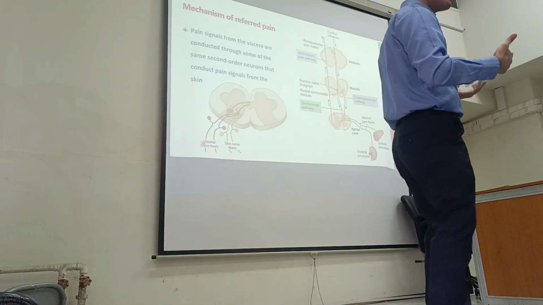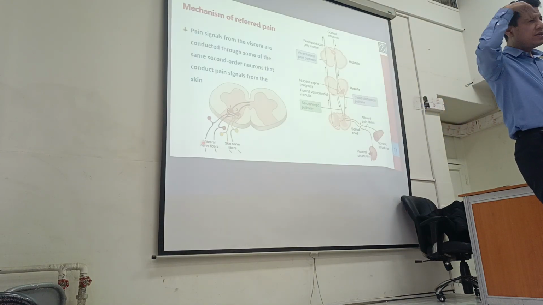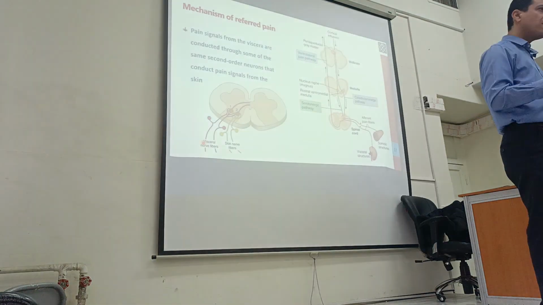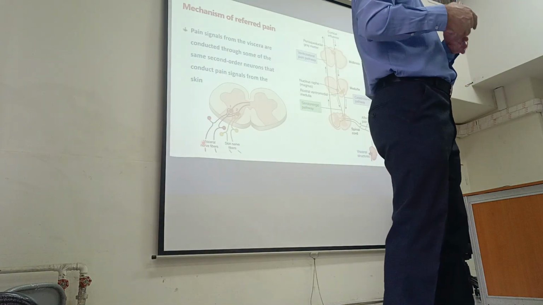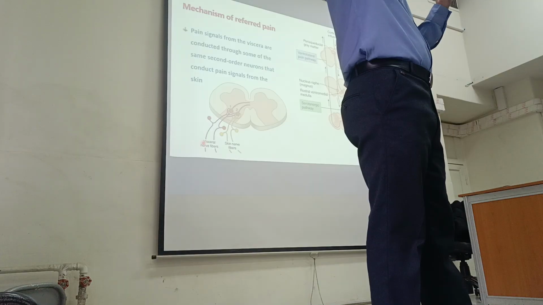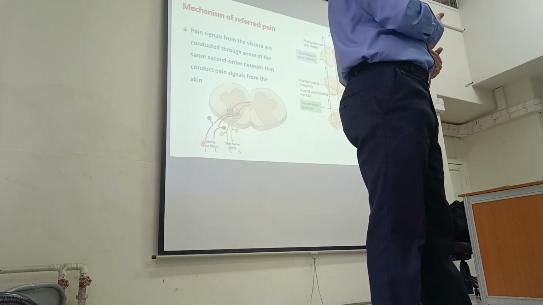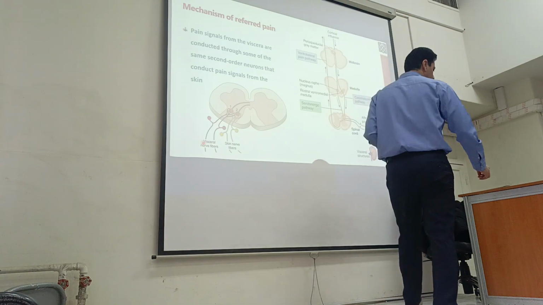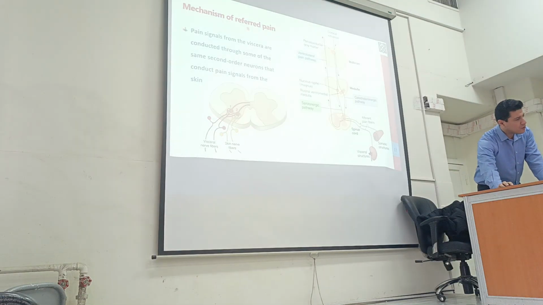We cannot feel our stomach, or we don't have any internal images of our heart or our intestine. They are inside the body and we are not aware of it. So pain from these organs also does not reach consciousness. We know that we have pain, but we think that the pain originated from the skin. Right? So this is a convergent circuit. That is the mechanism for referred pain.